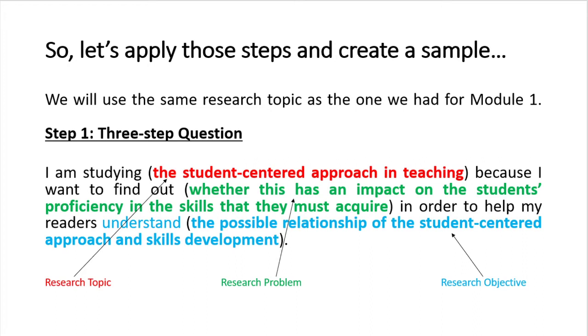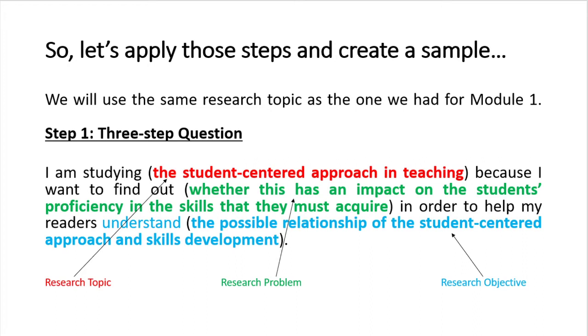So, the research objective is to help the readers understand the possible relationship of the student-centered approach in teaching and skills development. So as you can see, everything's color-coded. The topic is in red, the research problem is in green, and the research objective is in light blue. So that's step 1. You have now formulated the three-step question.